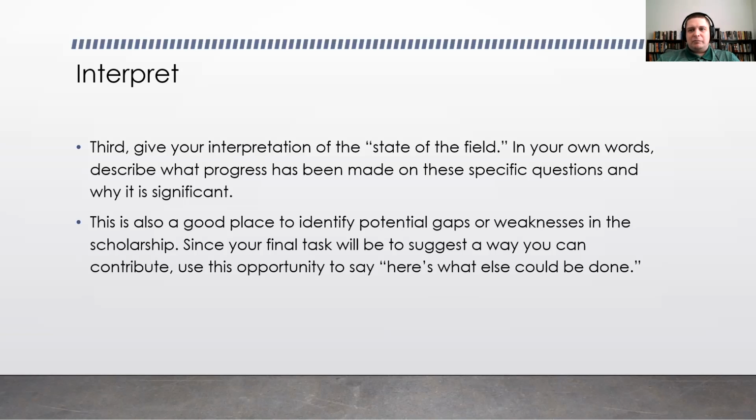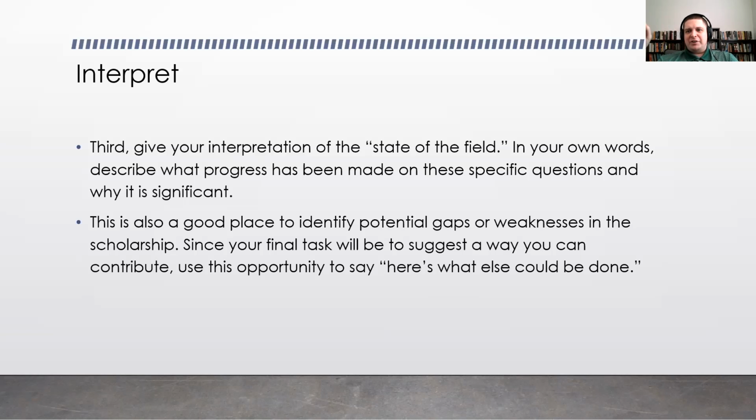So here's where you make a rhetorical transition. You've shown, here's what's been done. Here's what trends I see going on. Here's how I see the strengths and the weaknesses of the overall conversation going. And now you have to get specific. So now you want to say, based on this, here are some areas that aren't really covered as well.